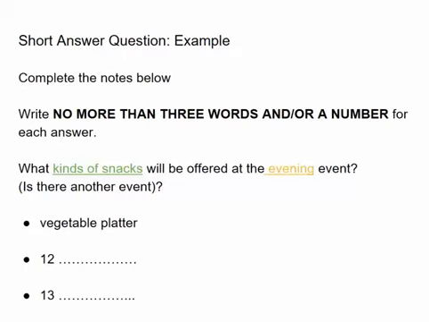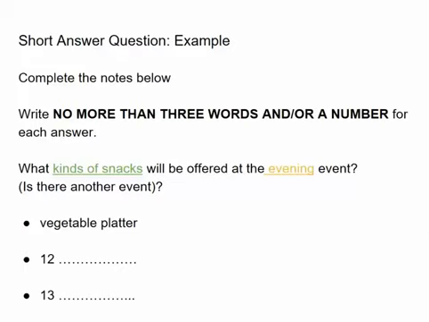Okay, but then let's continue on in the sentence here. There's an interesting part. So what kinds of snacks will be offered at the evening event? Now we're imagining that this is before we've listened and we don't know yet what the speakers are going to say. One question I would have is, well, is there an evening event and are there different events that are going to be described, right?